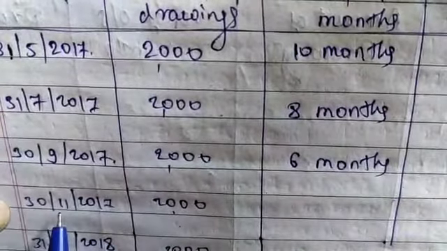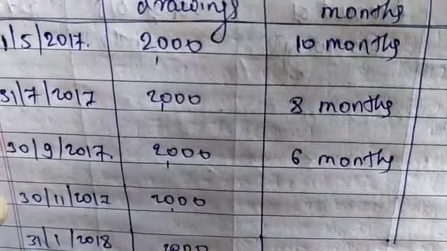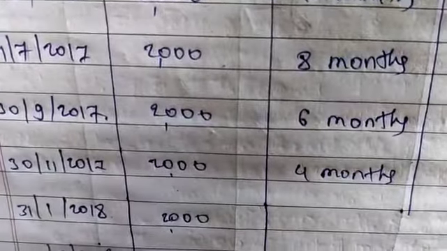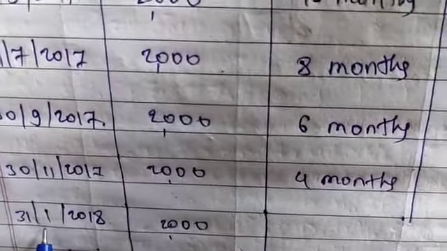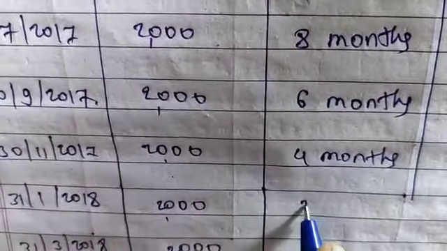Next one, 30th November, should not consider November. The coming month is December. December to March, 4 months. Next one, 31st January, January should not be considered here. February and March, 2 months.